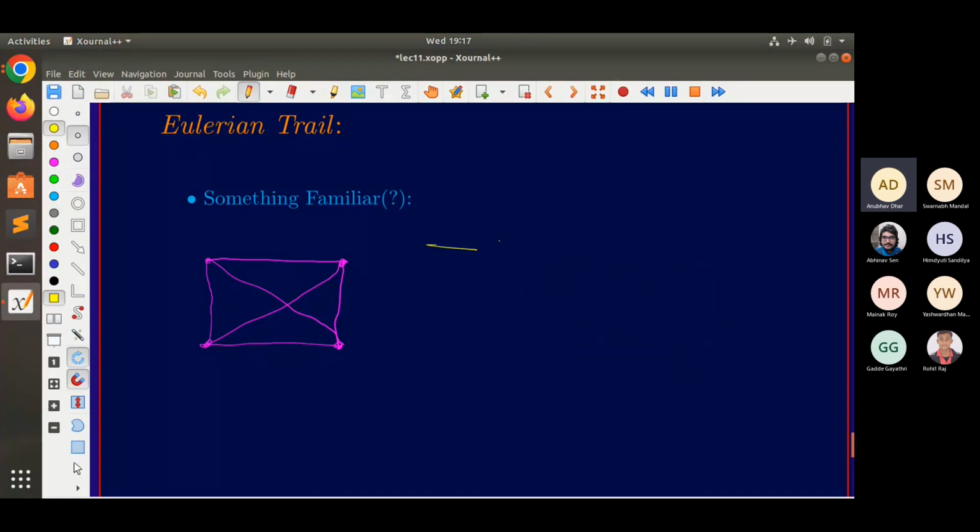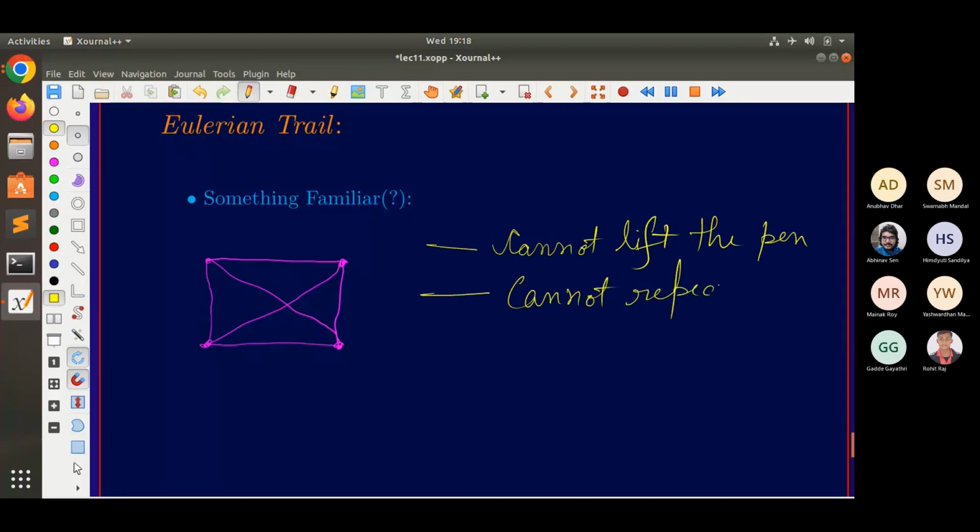So you cannot lift the pen, and the second property is you cannot repeat edges. Our nodes over here are these four. You can call this node another node as well, but that does not really matter.